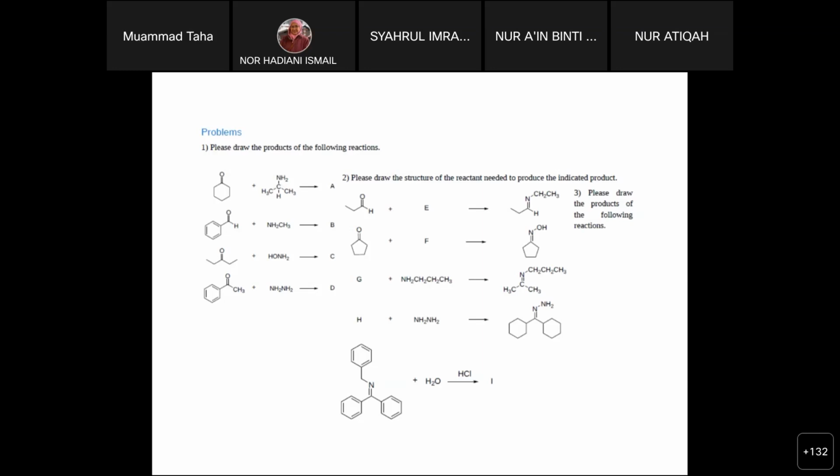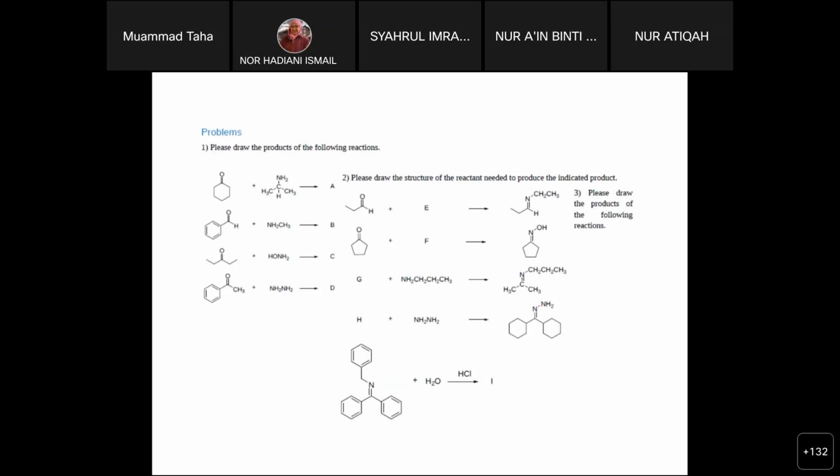What is attached to the NH2 is not our problem because we only have the primary amine. Just replace the oxygen and it becomes attached here. This became oxime, and in the case of this one, this will become hydrazone D. You can practice later on because I have the key at the bottom. You can get the key, so try to practice on this yourself.